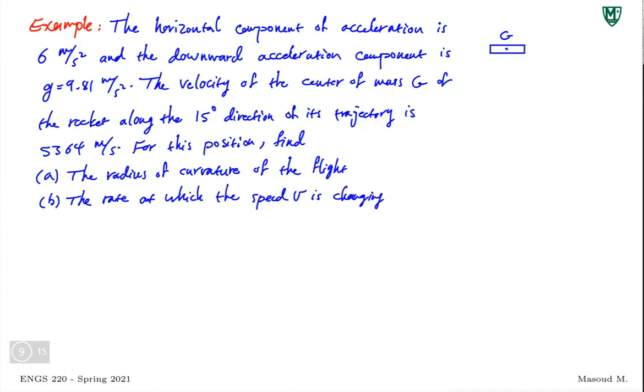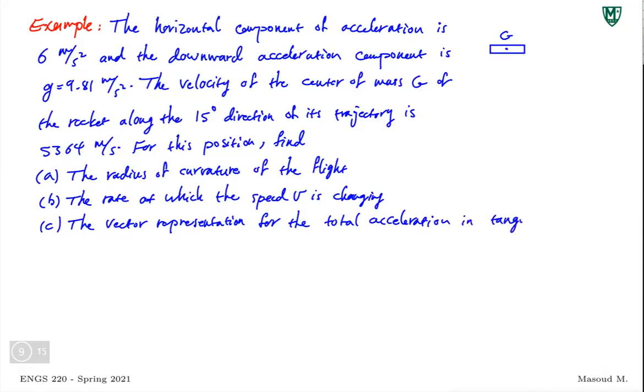And C, the vector representation for the total acceleration in tangent normal coordinate.